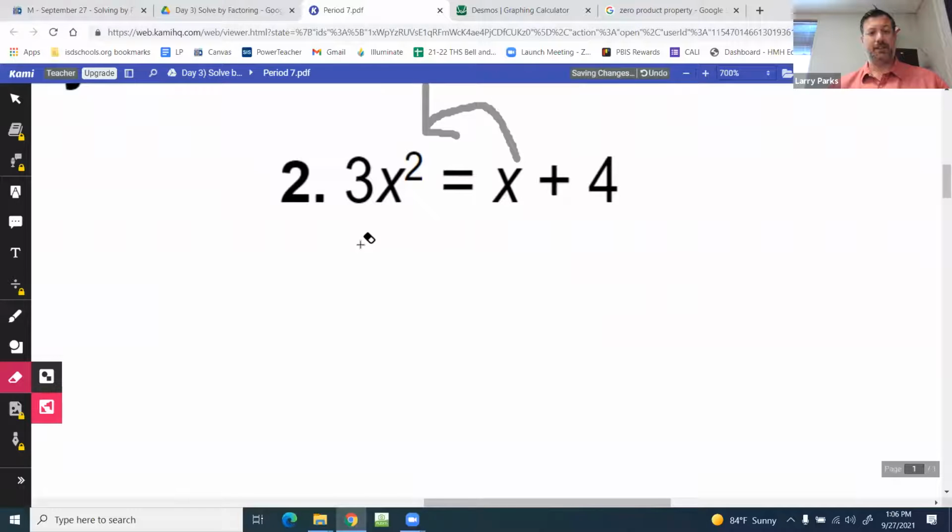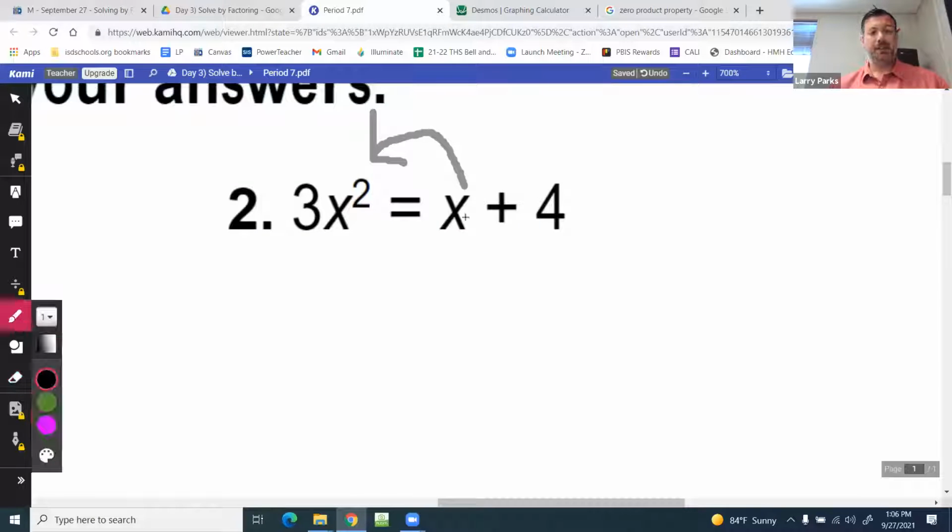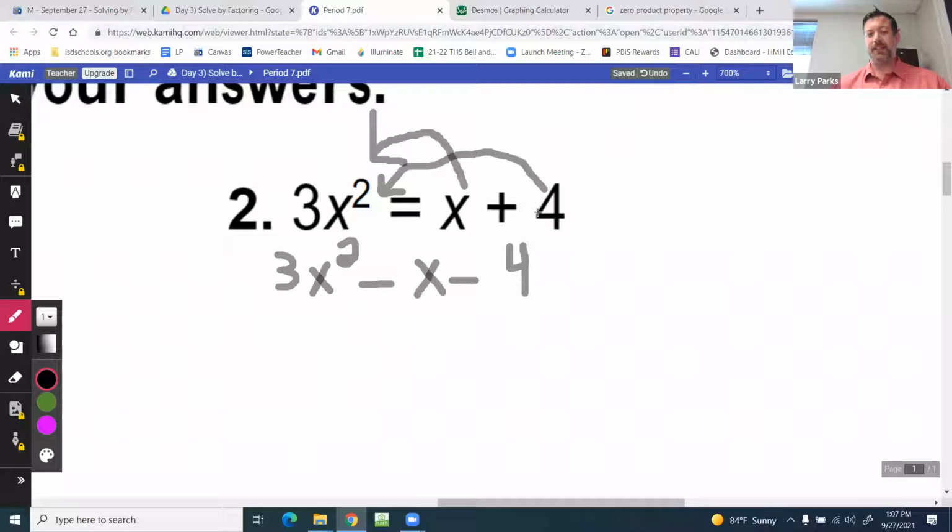Try again. So when I move the x over, I already had 3x squared over here. When I move the x over, it becomes a minus x. And then when I move the 4 over to the other side, it becomes a negative 4. And because you have nothing left over here, you set it equal to 0.